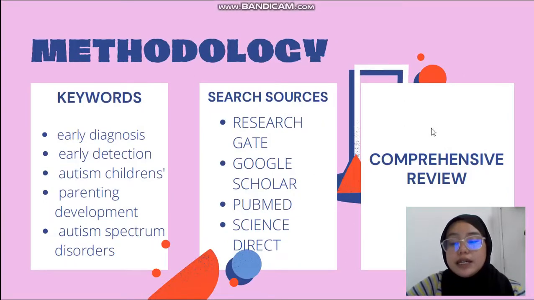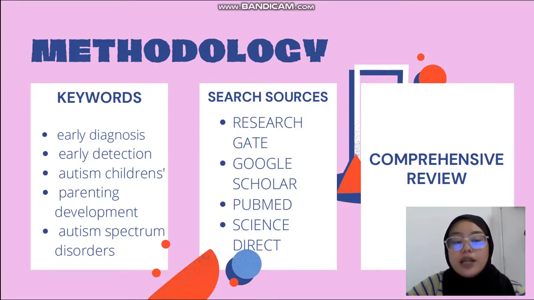So this is a few of the methodology that I use to find the sources related with my final year project, which is the early detection of autism children. So I use a few keywords in searching the sources.